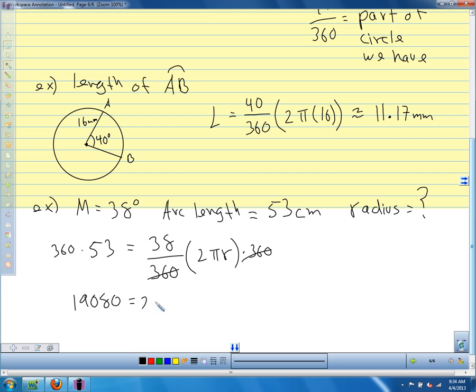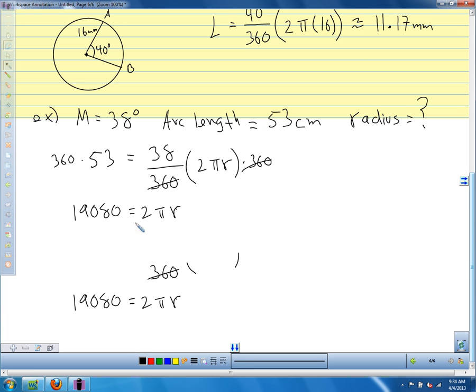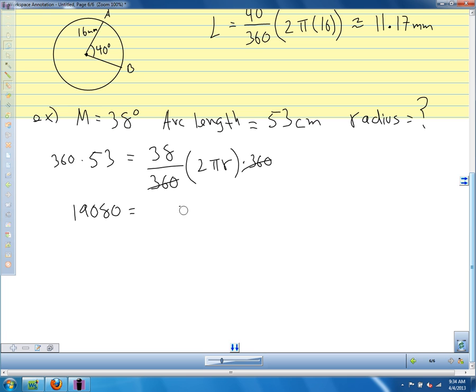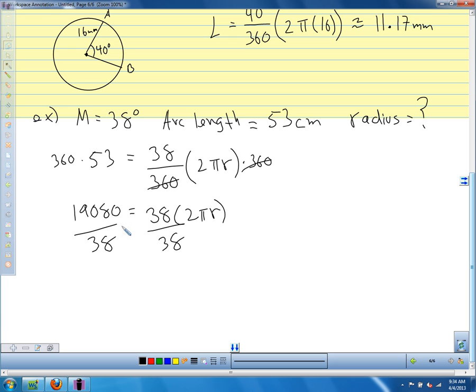And that equals 38 times 2 pi r. Now I'm going to divide by 38. So divide that by 38, and I get 502.11.